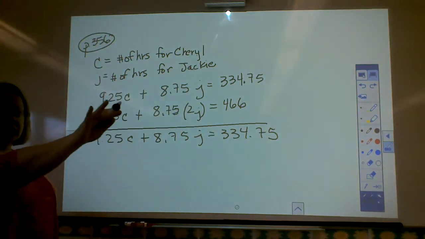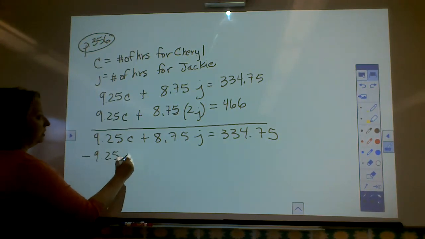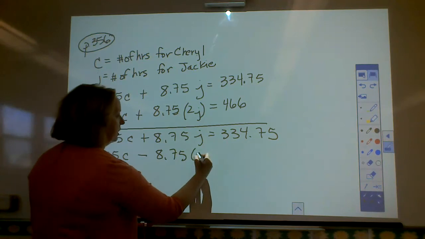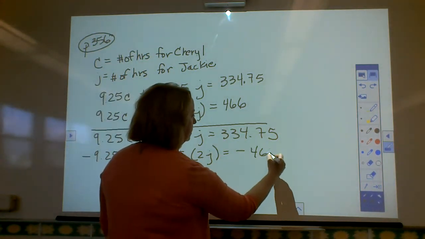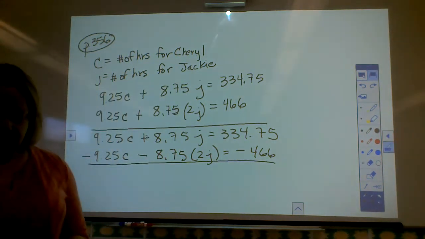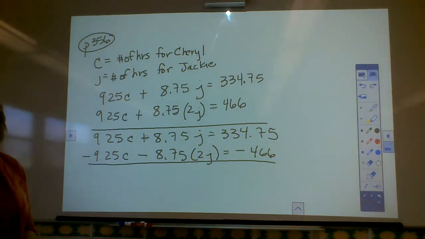I'm just going to string that negative through, so I have negative 9.25C minus 8.75 times 2J equals negative 466. Now I'm just going to add going down.